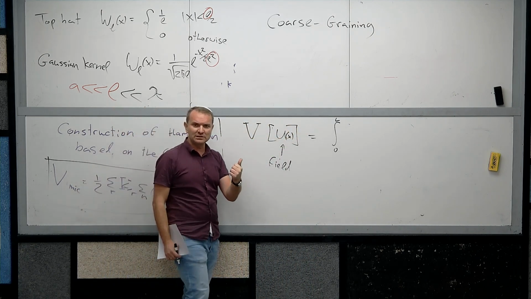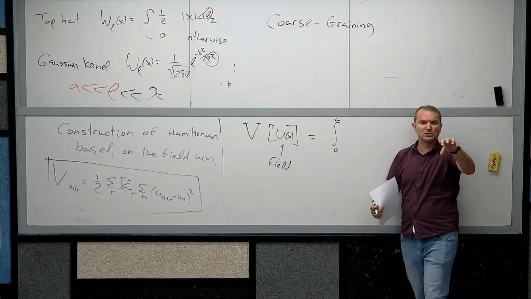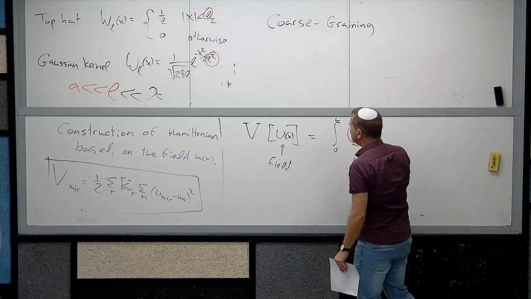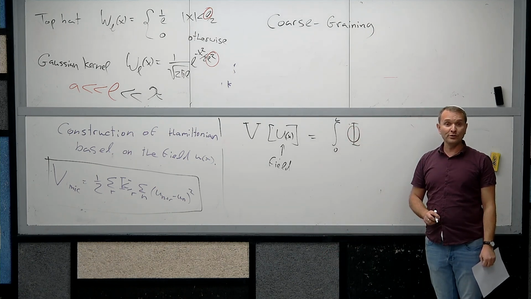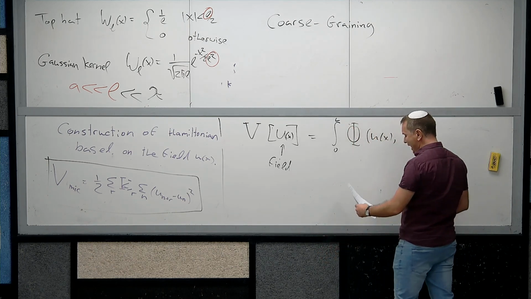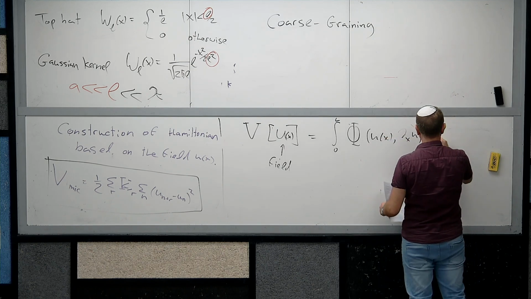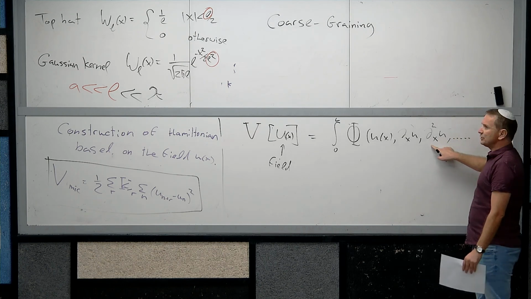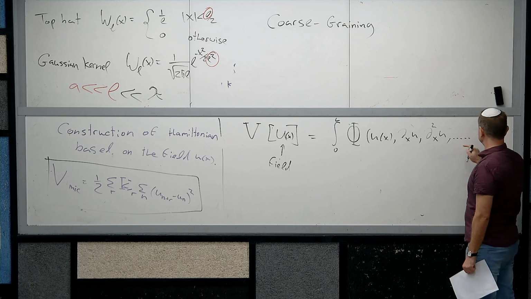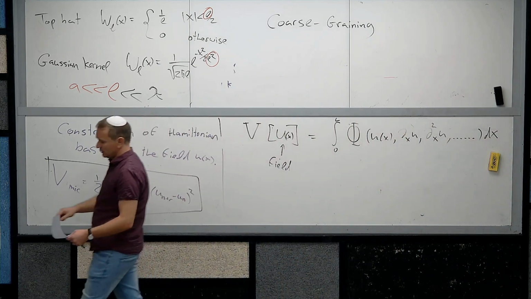Since this is all continuous, it's not just a sum over different positions of different distortions. It's an integral over local density of the field, and this local density in general will depend on u of x and d_x of u and d squared x of u and all the different derivatives of all the different orders.